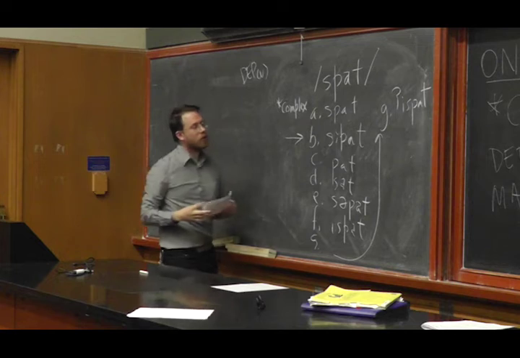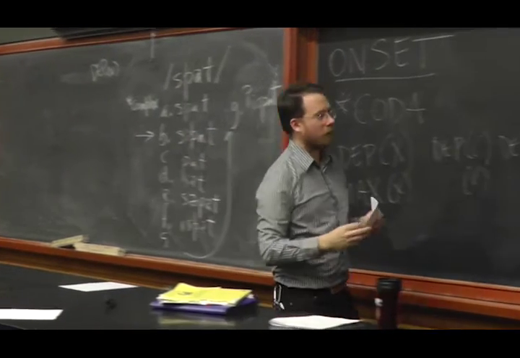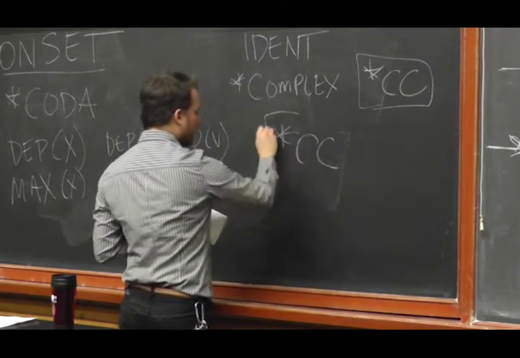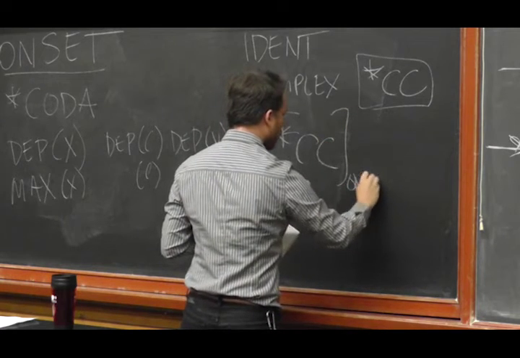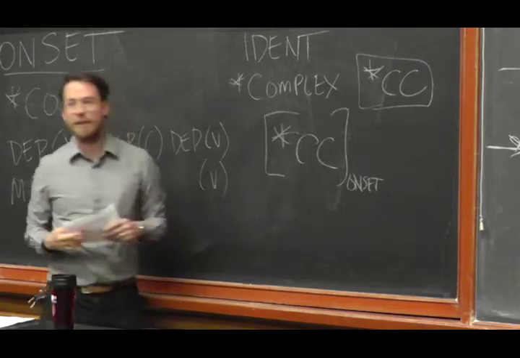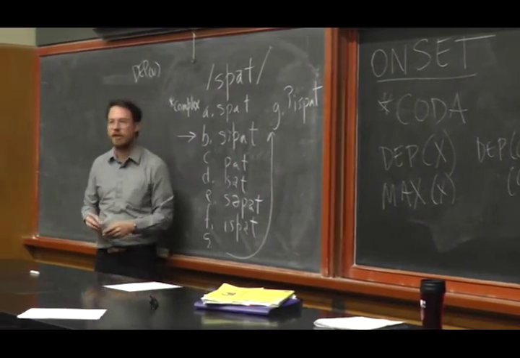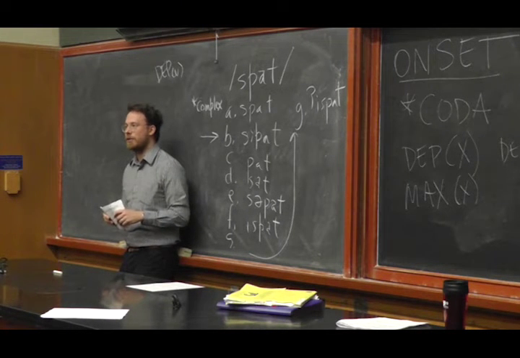So let's actually make this a little bit more complicated. And we have this one, there's something like CC, and we have this, let's say here, onset. So I just made that up. I just put that together just to conventionalize it quickly, saying that we have this at an onset position.